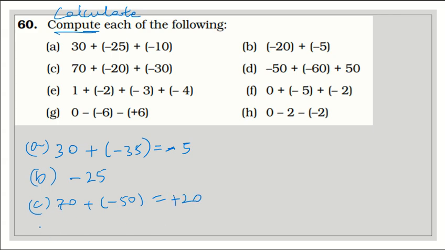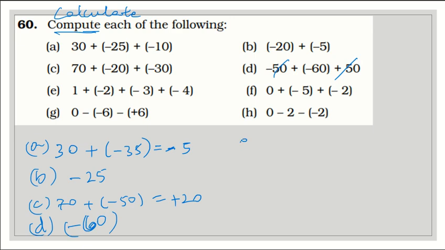Then coming to D, in D we have two negatives and another positive, whereas here minus 50 and plus 50 cancel, their sum is 0. Minus 50 is the additive inverse of 50, and the sum of an integer and its additive inverse is 0. So 0 added to minus 60 gives minus 60 only.